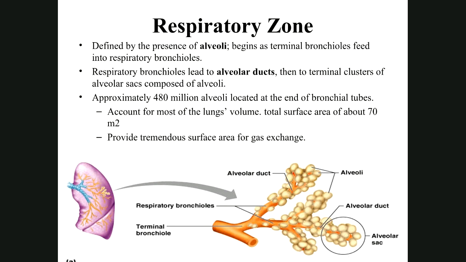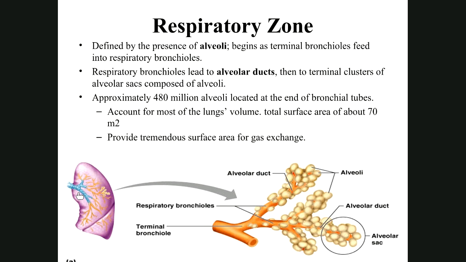Next, the respiratory zone. In the respiratory zone, you will see the smaller segments. This is the trachea here. See here, this is the trachea entering into the lung, and then it divides.